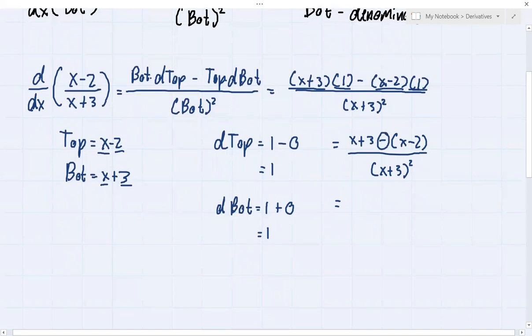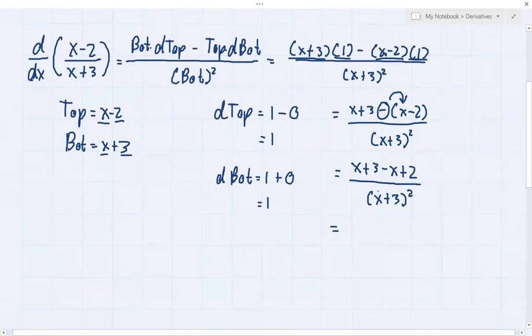Ayan. Now let's simplify. Ngayon, i-distribute natin itong si negative sign dito sa expression na ito. So we have x plus 3 minus x plus 2 all over the square of x plus 3. So let's combine similar terms. X minus x makakancel ito kasi x minus x will have 0.